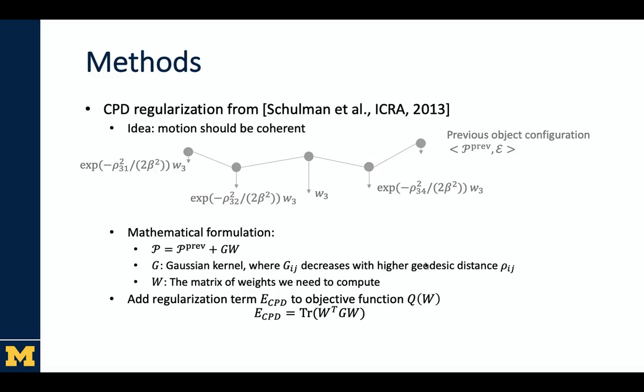This coefficient will decrease with a higher geodesic distance. To formulate it in a mathematical language, P equals previous P plus G times W, and G will just be the exponential coefficient mentioned before, and W is the matrix of weight we want to compute. In addition, the regularization term is added to prohibit too large W.